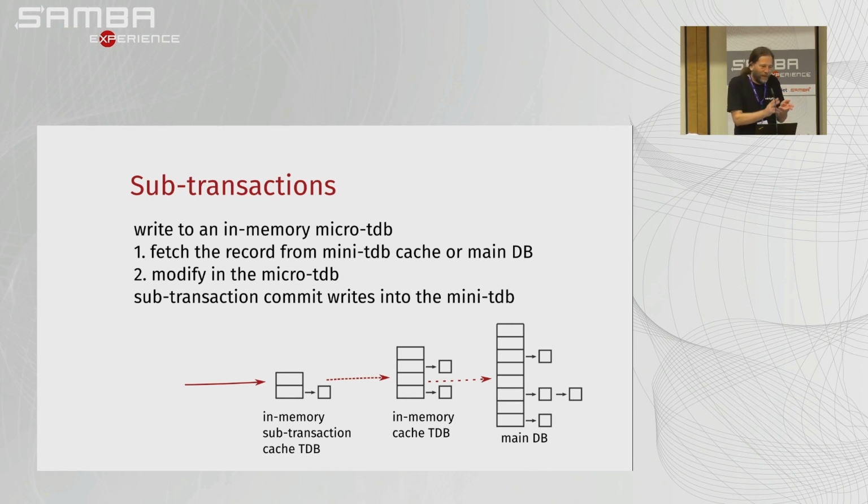The operation has two parts, and I think it's for LDB when we're using that back end. If one part fails, the whole of that sub-transaction has to fail. We have to roll that back. We have to kind of roll back two things.